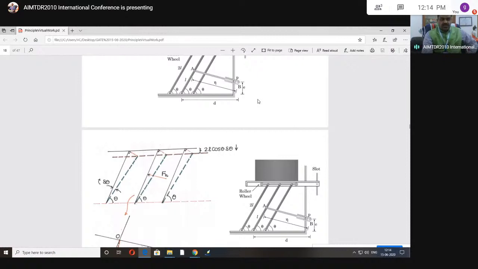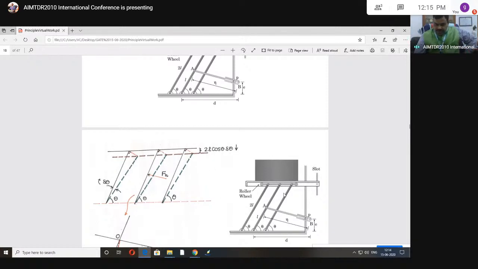After making a small displacement, these three displacements are combined like this. Okay. So if this is the value of 2 theta, this one. Okay. The 2L cos theta, this is the L value.